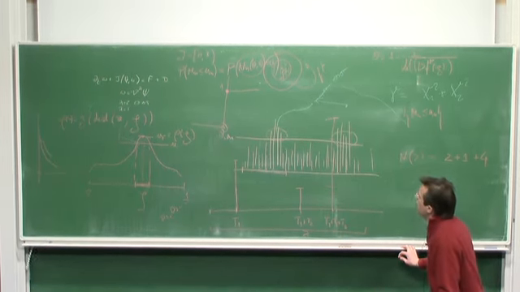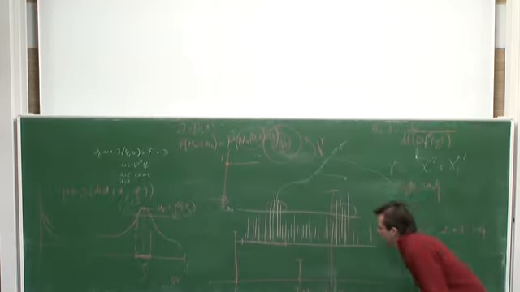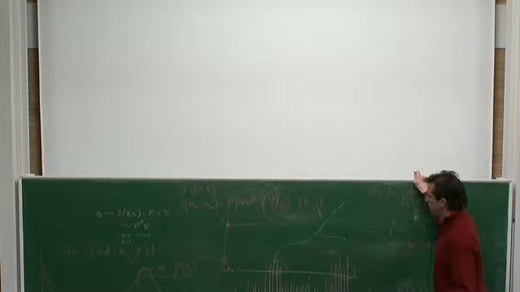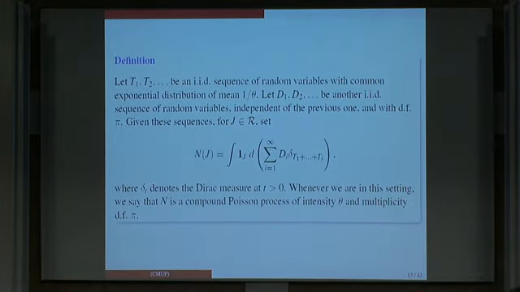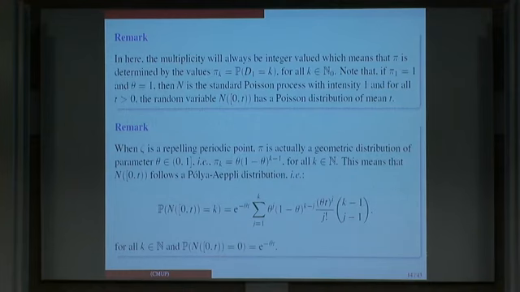There are 2 particular cases of these compound Poisson processes that I'm interested in. One is when the probability of the multiplicity being 1 is 1. In that case, you have the standard Poisson process of intensity 1.